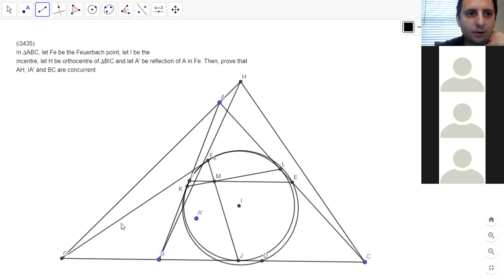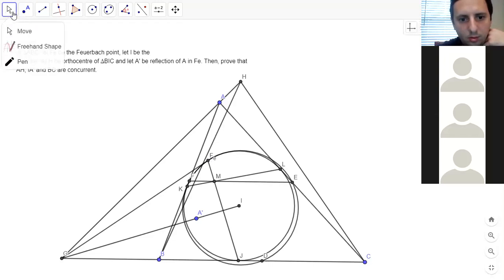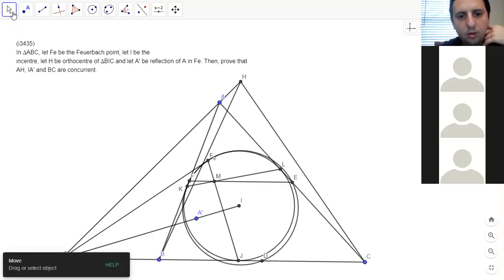JM and Fe are collinear. Yeah, because Fe is the anti-Steiner point with respect to the Euler line of triangle JEF.